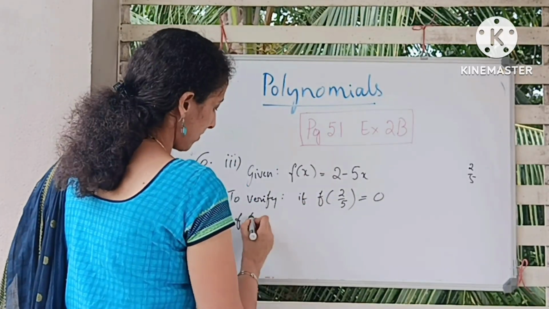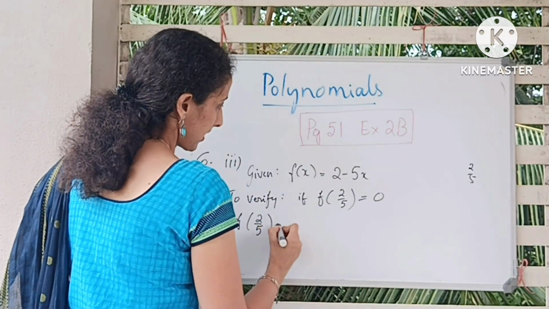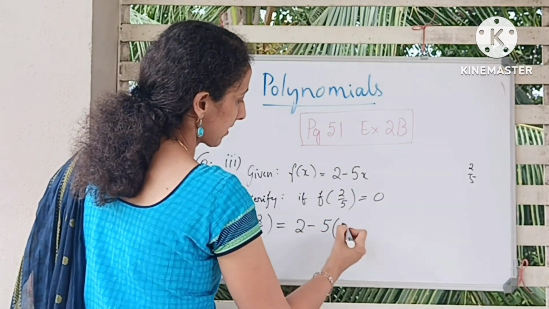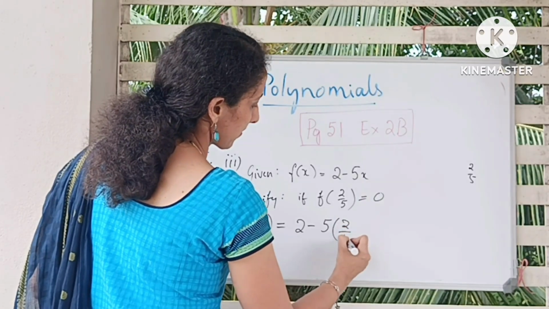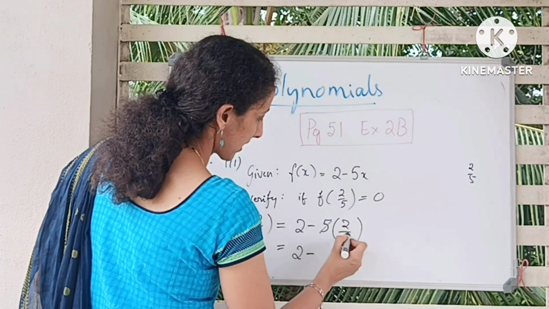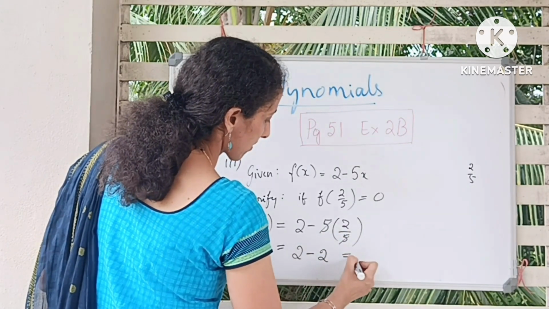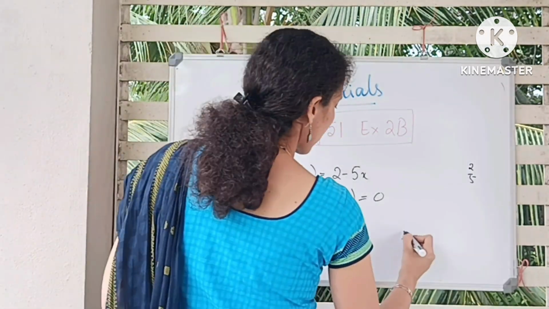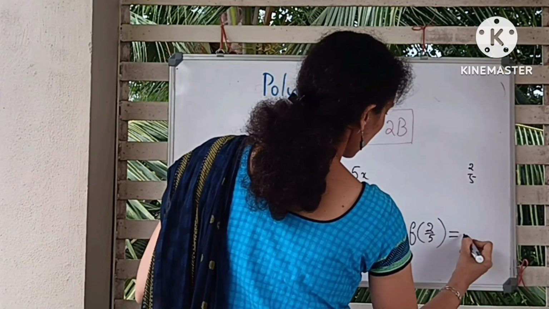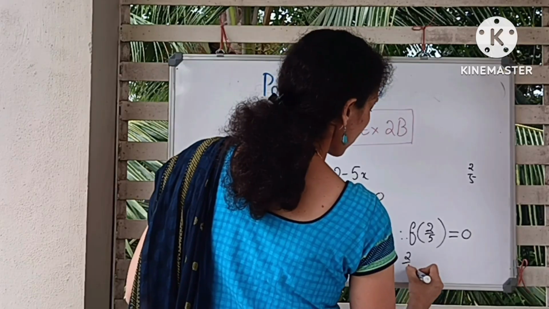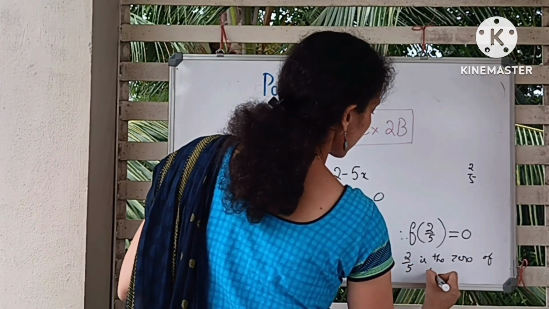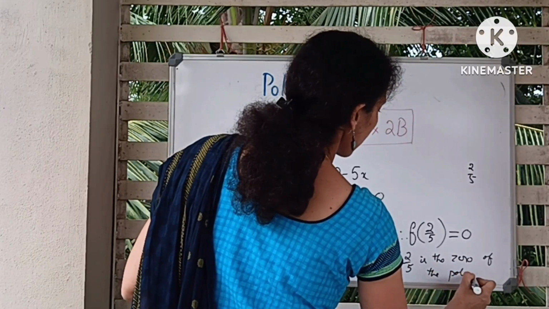F of 2 by 5 is equal to 2 minus 5 into, wherever I find x, I substitute it with 2 by 5, and I get that 2 minus 5 gets cancelled, 2 is equal to 0. Therefore, f of 2 by 5 is equal to 0. 2 by 5 is the 0 of the polynomial.